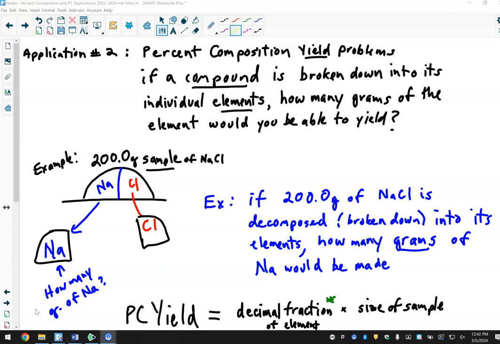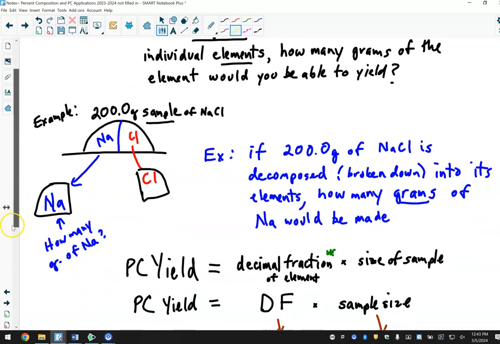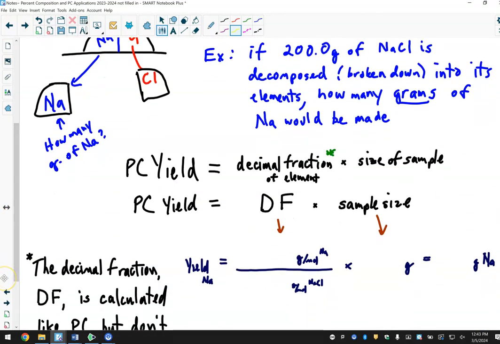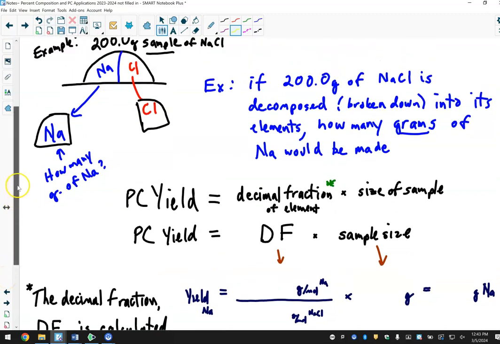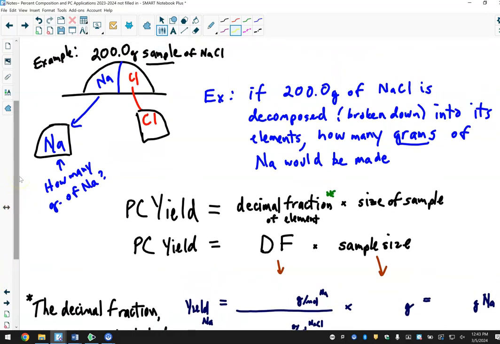Now remember, in percent composition you're multiplying by 100 to turn it into a percent. But when you take 39% of sodium chloride, you're going to use what's called the decimal fraction.